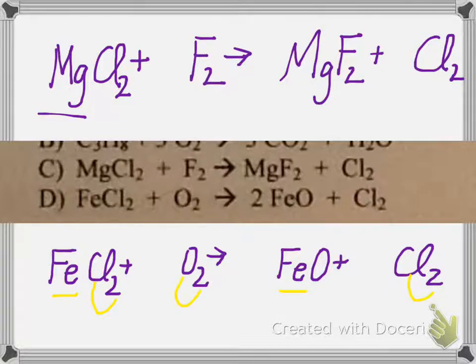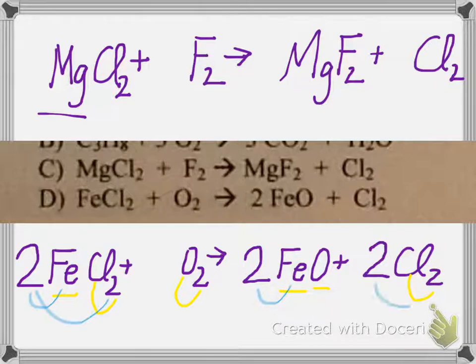We have 2 oxygens and we have 1 oxygen, so we need a coefficient of 2 in front of the iron oxide, which also means we need a coefficient of 2 in front of iron chloride, which means we need a coefficient of 2 in front of chlorine. I think I'm balanced. I'm going to check. 2 irons, 2 irons, 4 chlorines, 4 chlorines, 2 oxygens, 2 oxygens. This is properly balanced now.